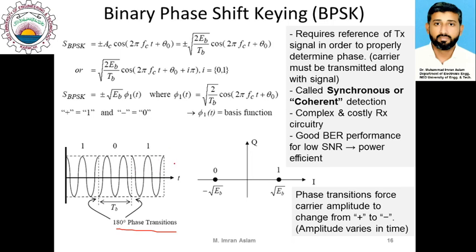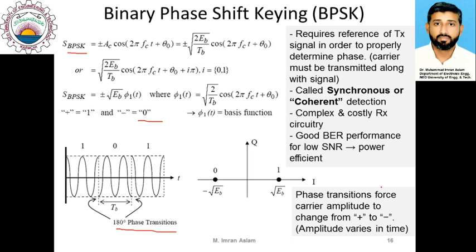So a BPSK signal is represented by two different phases, 0 is represented by one phase and 1 is represented by another phase. Or we can think of the same thing as an amplitude reversal, because a 180-degree phase change represents a reversal in amplitude sign. So we see an amplitude change from positive to negative when we have different symbols.